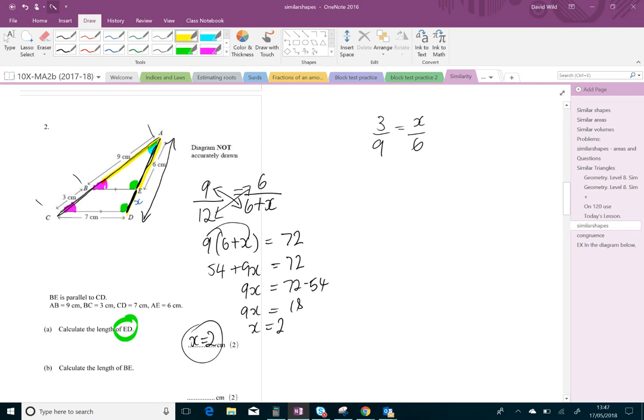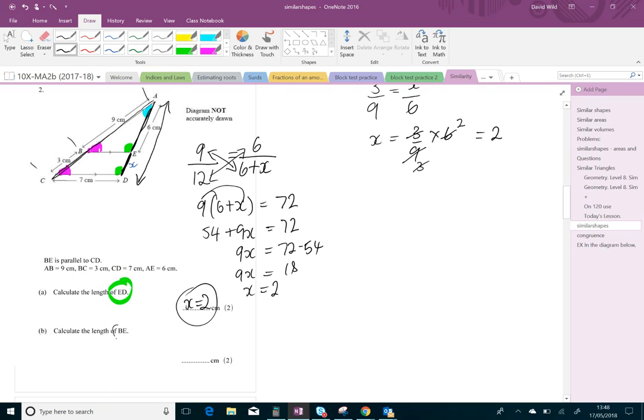Could have done that as well. And if we did that, we'd then multiply both sides by 6, so you get x equals 3/9 times 6. 3 goes into 9 3 times, 3 goes into 6 twice, 3 cancels with 3, and we're left with a 2 at the top, so we get the answer of 2 as well.